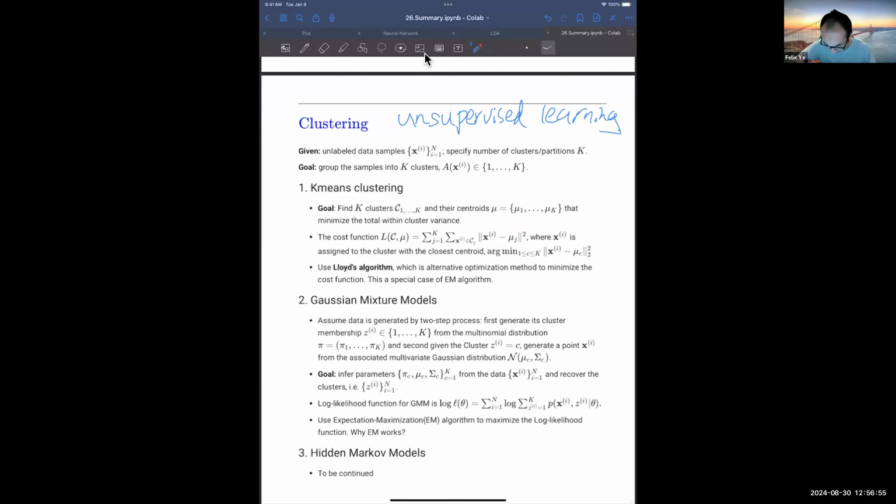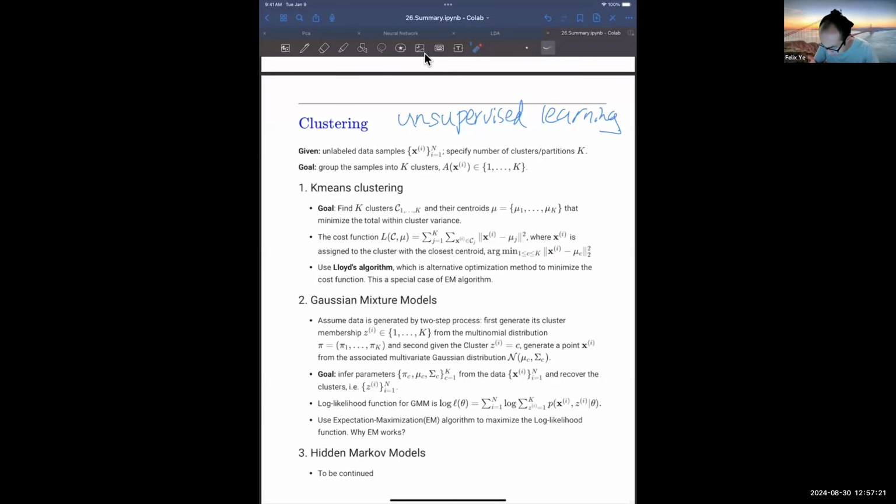Here, x_i belongs to the cluster C_j, so it is assigned to the cluster with the closest centroid. That's how we make the prediction here as well.